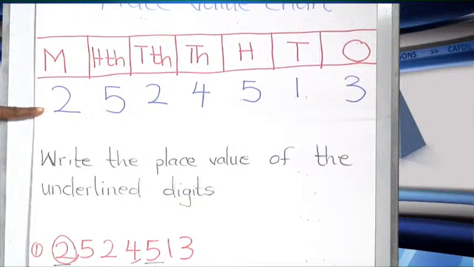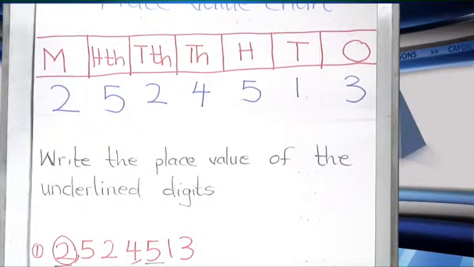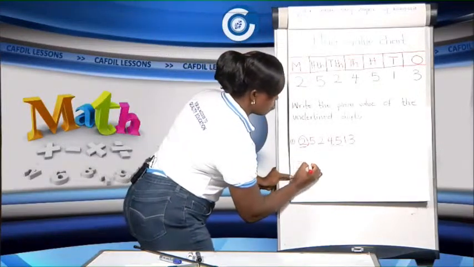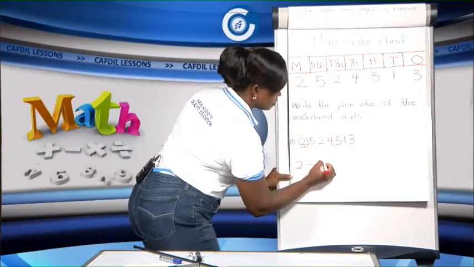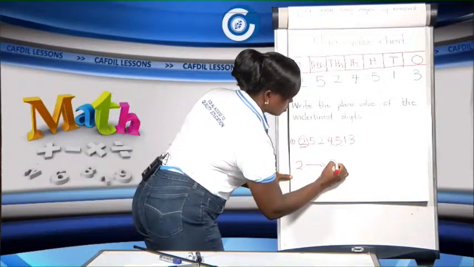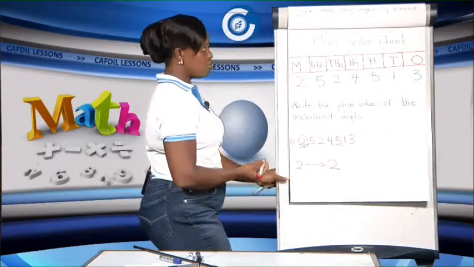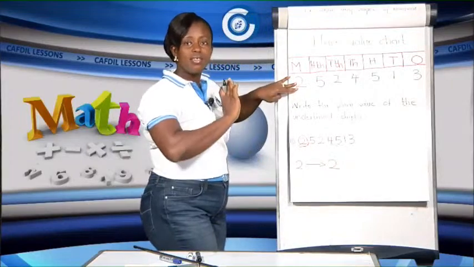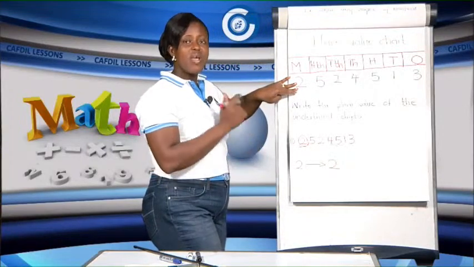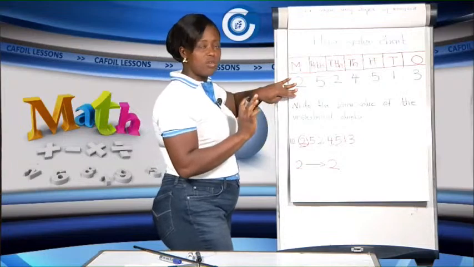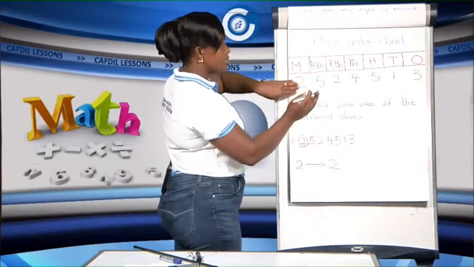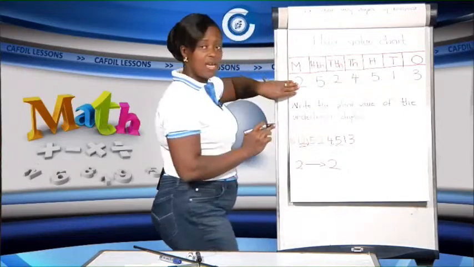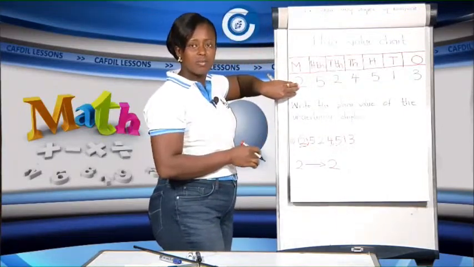So to write the value, you have your 2. When we write 2, we assume the rest of the digits to be zeros. So how many digits are left? 1, 2, 3, 4, 5, 6. It means you're going to have 6 zeros.